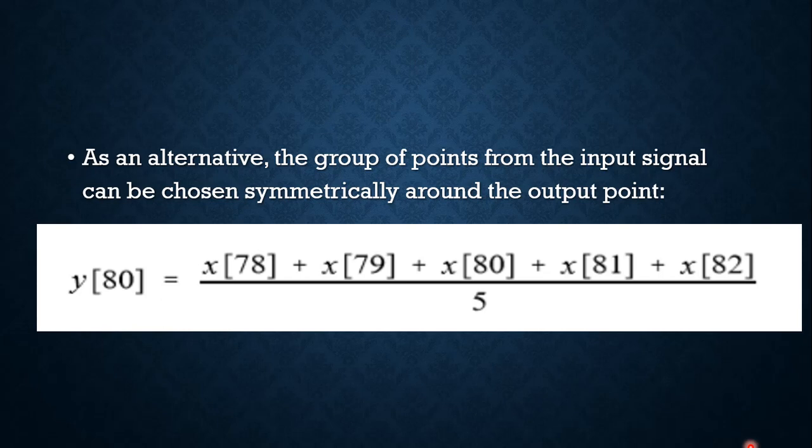As we want to calculate the 5-point moving average filter of y of 80, we will just consider it as a midpoint and equally write the samples before and after this point, that is x of 78 plus x of 79 plus x of 80, this is the midpoint, and then the two samples after x of 80, that is x of 81 plus x of 82, divided by the number of points, that is 5.